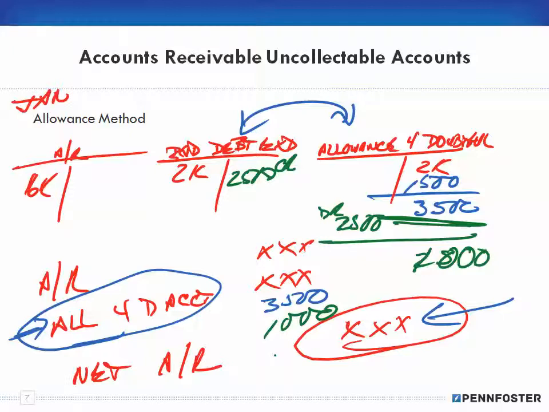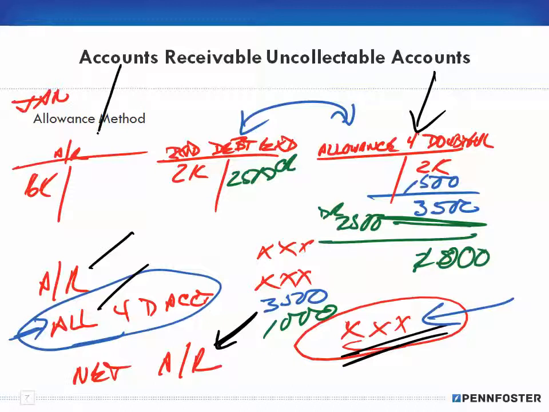Because remember, it's the accounts receivable less your allowance, which gives us our net accounts receivable, which is the value we think should be on our balance sheet. And in order to do that, you always have to keep track of this running balance of the allowance for doubtful accounts, because your books are going to show the customers and how much they owe, but you're always going to have to be updating this account to guesstimate what gets written off.